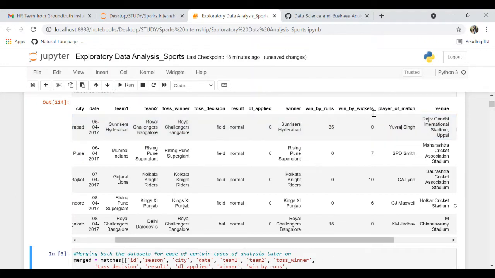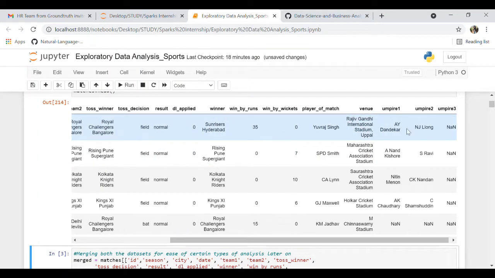Then win by wickets if the winner chose to bowl first, right? Then player of match, venue, umpires.